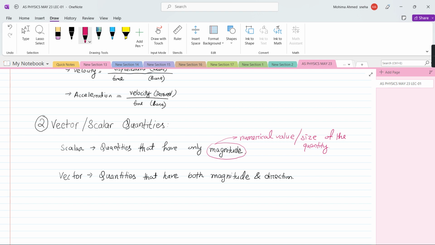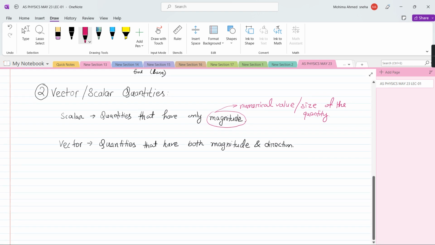So if I have to give you an example, say the distance between a point A and B is 25 meters. For example, this is point A and this is point B, so the distance between these two points is 25 meters.